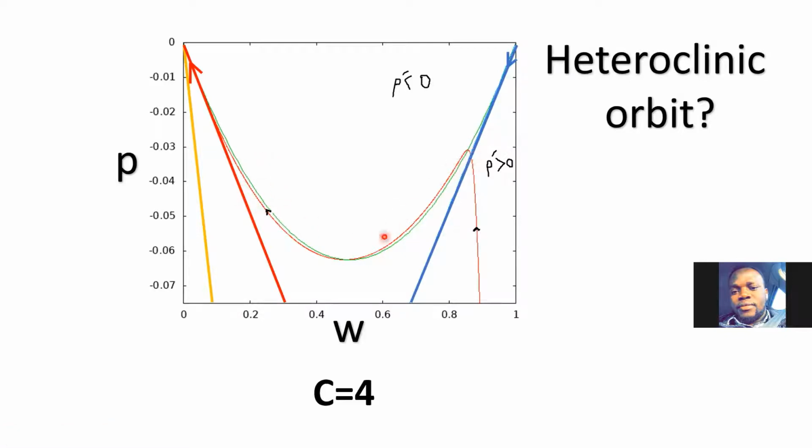For example, the red one, you see that at some point it crosses this null line, and then of course in this part the derivative with respect to P is positive. All right, so it will increase.